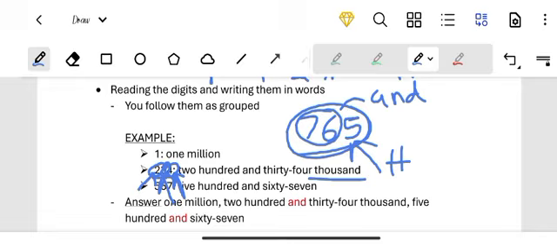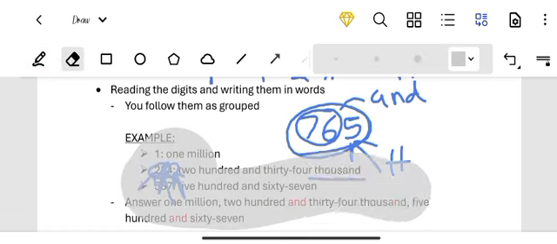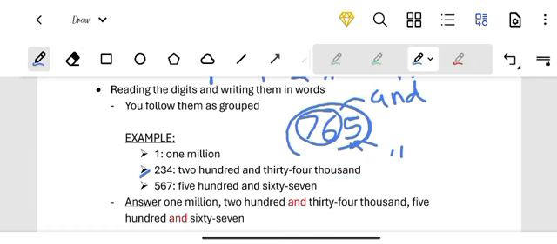So what am I going to say? I'm going to say now I have 200,000. Remember, when you come to 2 digits, you're going to say "and" 34. Just because these ones are siblings, we have 200,000, 30,000, and 4,000.